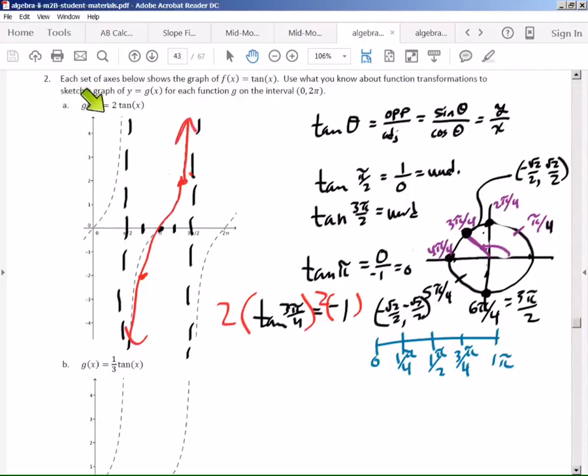So this 2 only changes these points. How would you describe that change? Stretched it. Stretched it which way? Horizontally or vertically? Vertical stretch. What do you think this is going to do? If we multiply it by 1 over 3, if I multiply 1 by 1 over 3, what are you going to get?